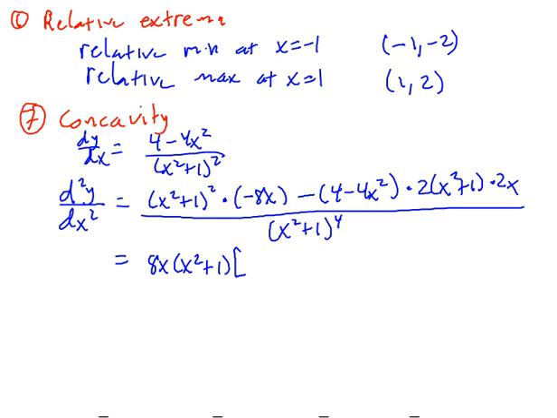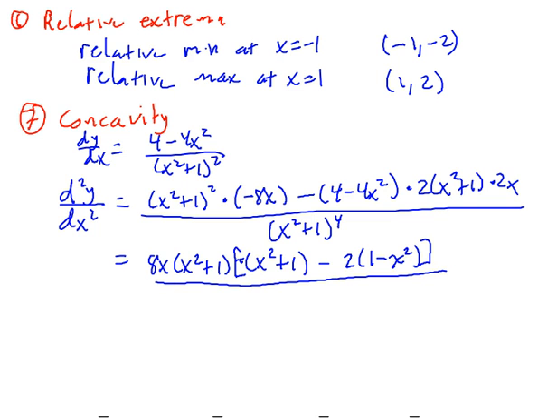And if you do that, we'd have a negative (x squared plus 1), and then minus, we'd have left on top 2 times (1 minus x squared), all over (x squared plus 1) to the 4th.